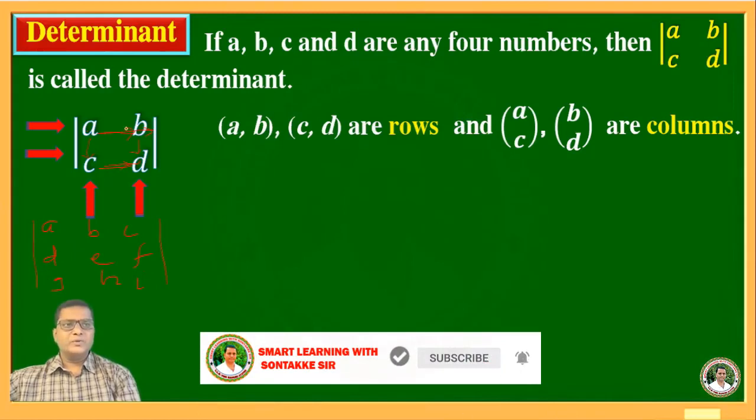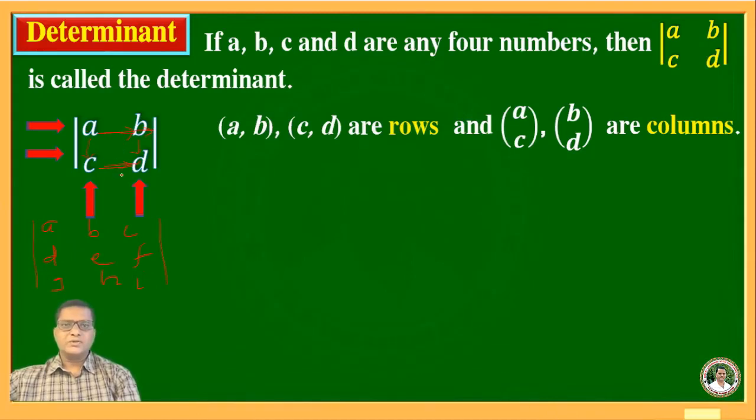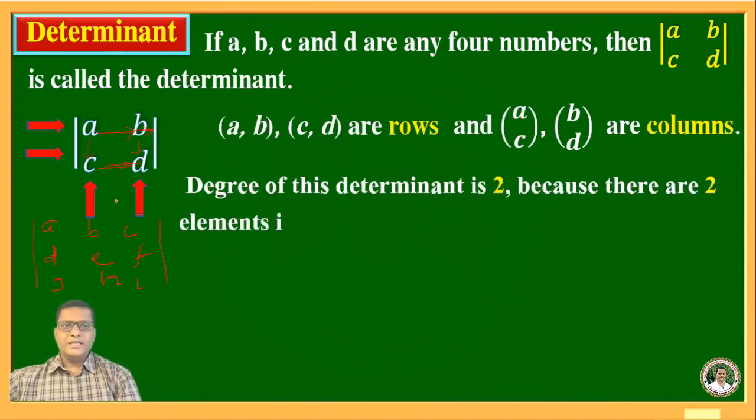But here there are two rows and two columns, and each contains only two elements, therefore the degree is 2.